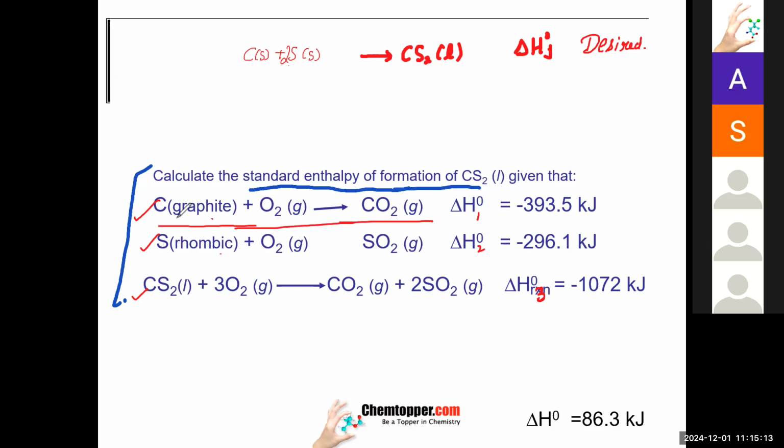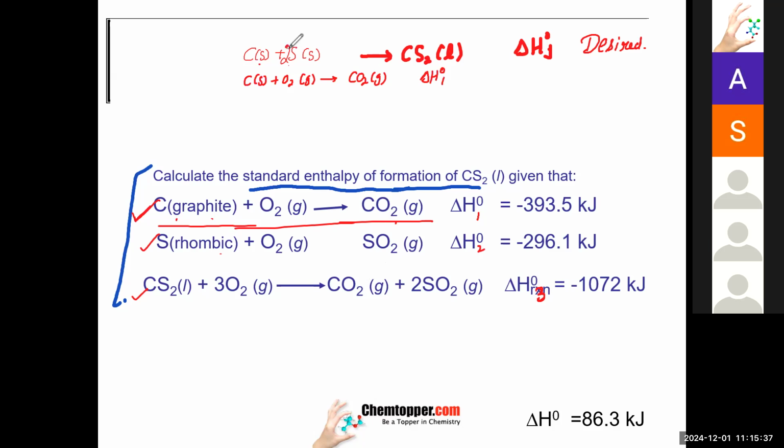And I want carbon solid on the reactant side. So I'm going to take this equation as such. Carbon solid plus O2 gas giving you CO2 gas. So delta H naught 1 I have taken as such, without any changes.